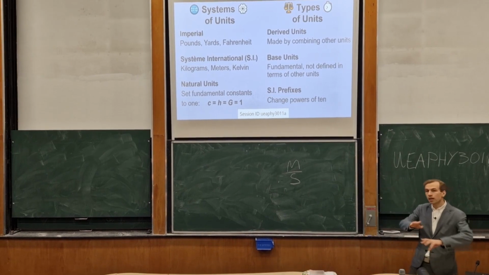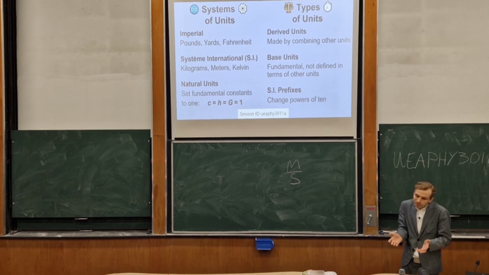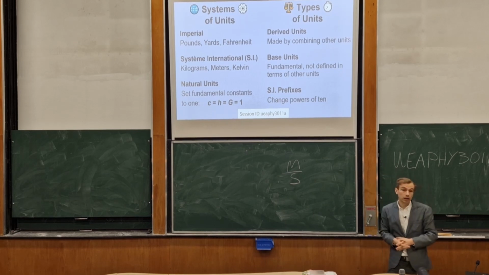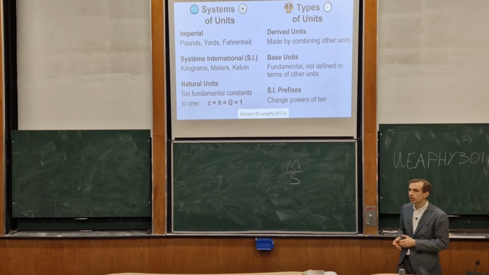Now, some people say they're not really units because, strictly speaking, they're numbers. They change things by powers of 10 here. Personally, let's not worry too much about the semantics there. I think we can include the SI prefixes as units.